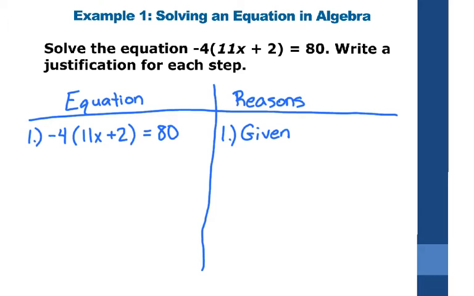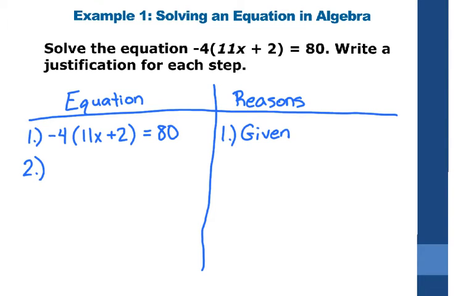So let's do this. Here's our equation. We always start out with what we are given, so our equation is going to be called our given statement or given equation. So right here where we wrote number 1, right next to it, our reason for this is that it's given. That's what we normally start out with, our given information.